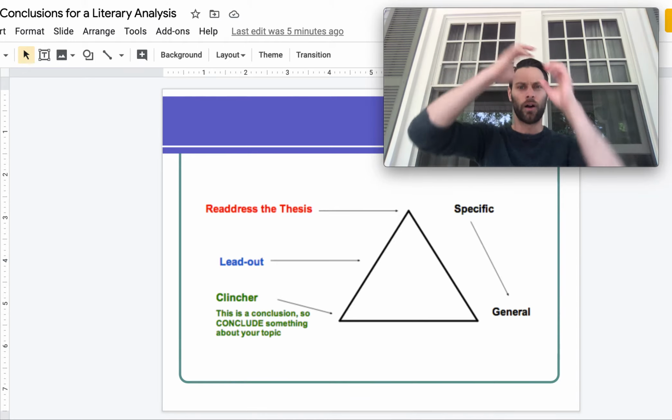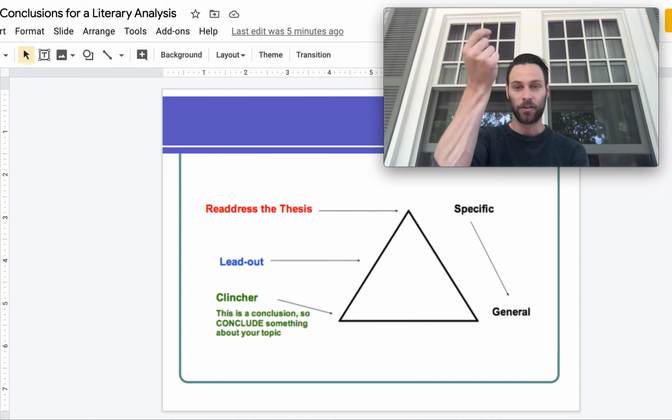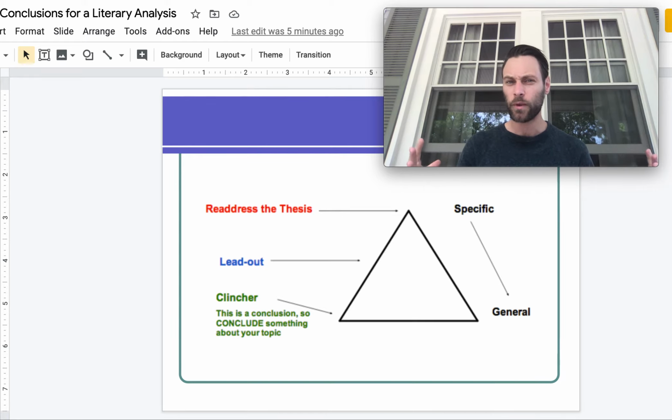So instead of all of a sudden going broad again, stay specific. You're talking Mockingbird, stay talking Mockingbird. And then we're going to slowly broaden back out. We're not necessarily going to go huge like we did for a ginormous hook, because we've already hooked the reader, they've been involved, but it's still our chance to reestablish that thesis, work our way back out, and then remind them of, so here's what we've ultimately ended up concluding.